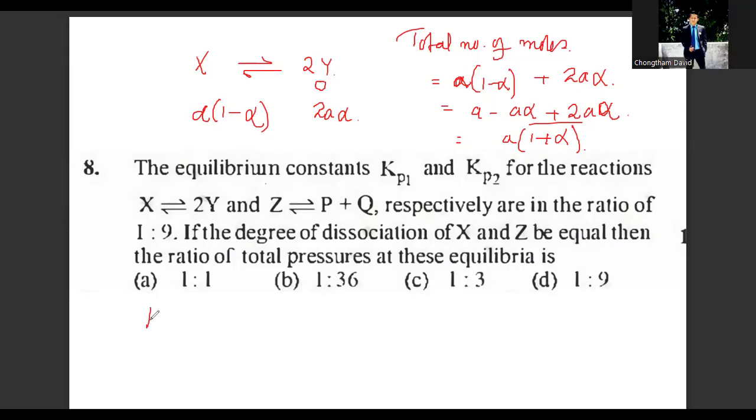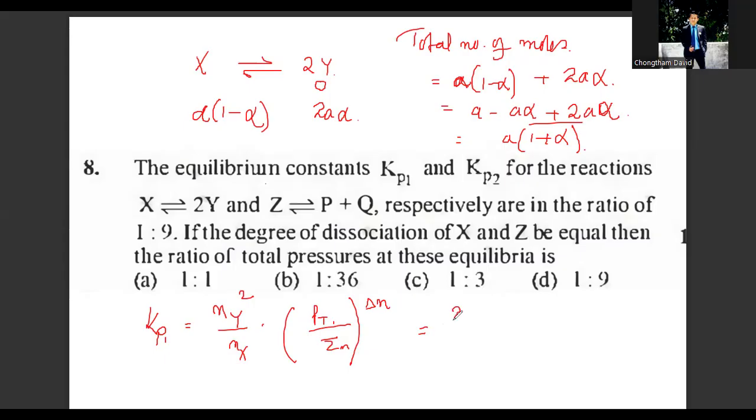Next step. The equilibrium constant Kp1, let us say, would be the ratio of the number of moles of Y squared with respect to X, times the total pressure, and the sum of the number of moles raised to the change in the gas moles.